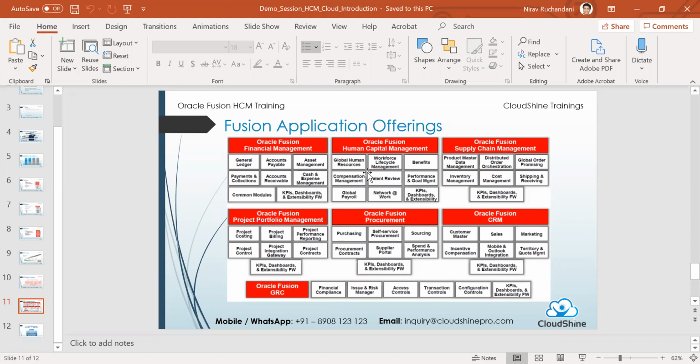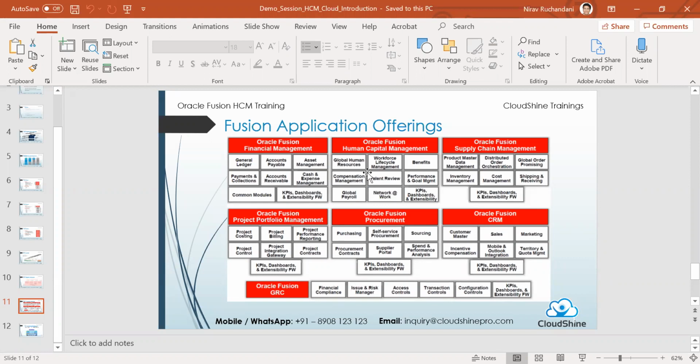Say, it starts with global human resources, as it is called, or core HCM, as it is widely talked about. So in core HCM, we have workforce lifecycle management, which has to do with, say, employees' absences and employees' time and scheduling. So that is called workforce management, or workforce lifecycle management.